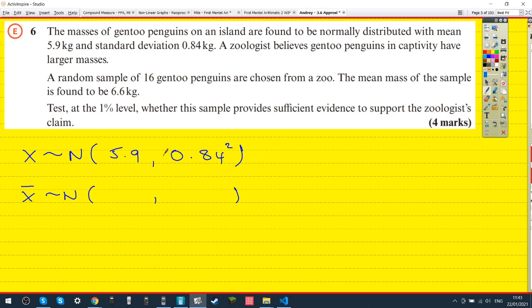Well, we assume that the mean is the same because we're not certain. Variance? The variance was 0.84 squared. It's now 0.84 squared over 16.